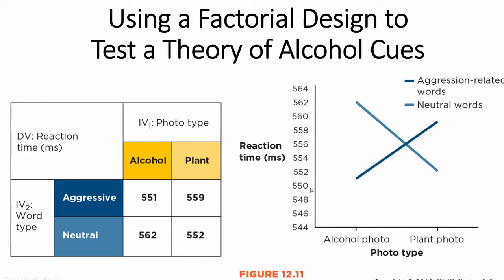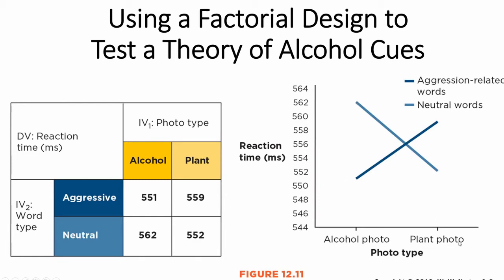The same as with our breaking reaction times, a lower score here indicates a faster response. For our aggression words, this darker blue line, we're seeing that after they were primed with a picture of alcohol, people were a lot faster to identify aggression words than they were to identify neutral words.